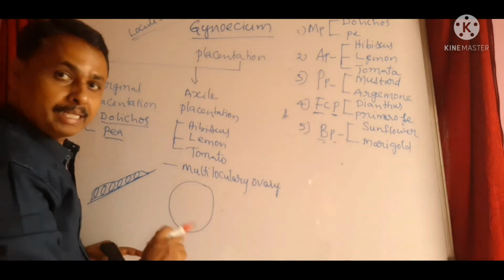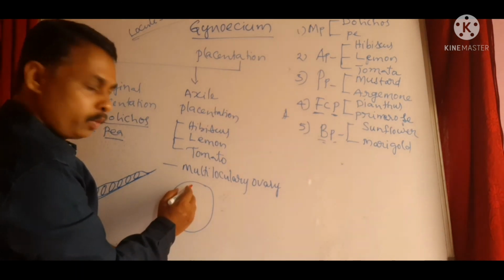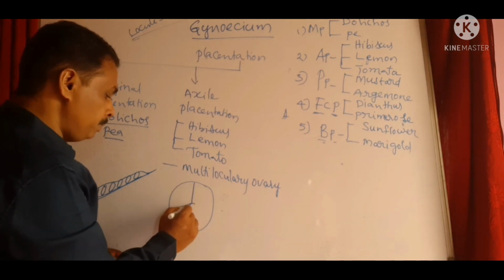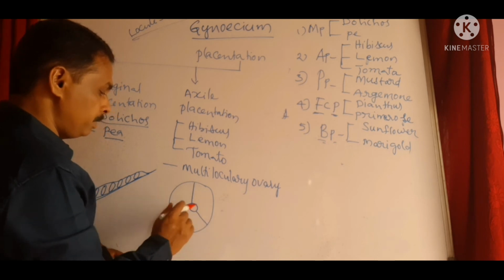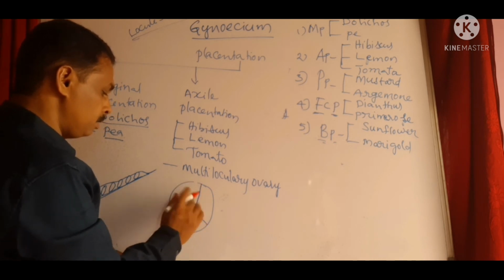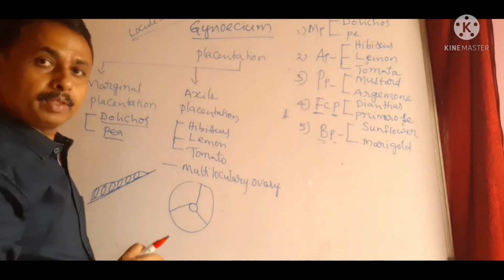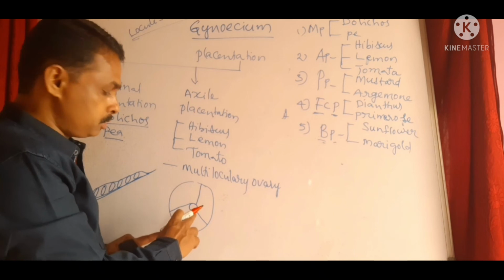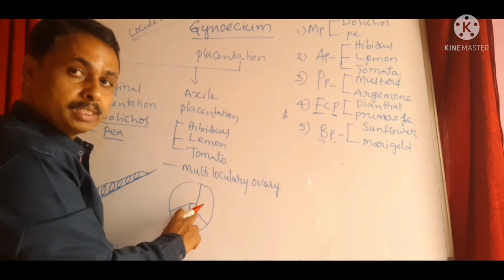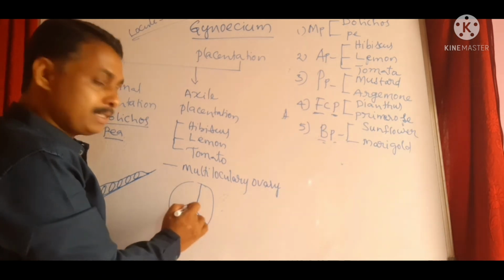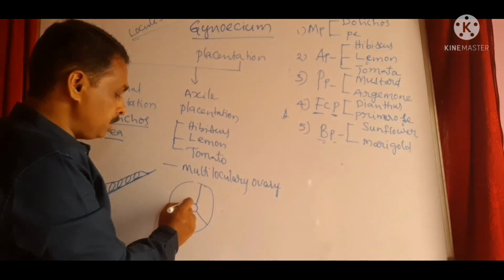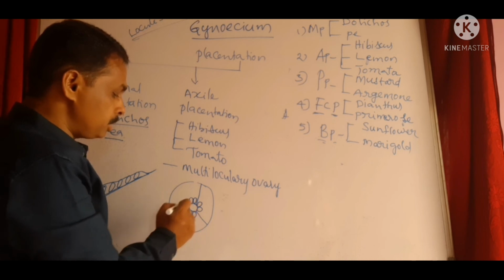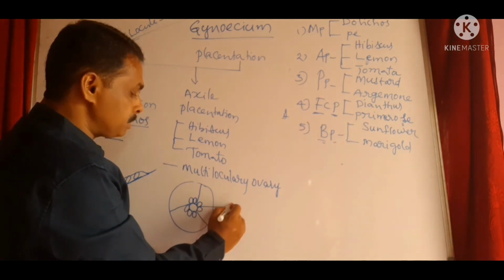The placenta will be formed as a ridge where the adjacent carpels meet at a point, so it is called a multicarpellary ovary. The adjacent carpels are fused or meet at a point towards the center where the placenta will be formed. Over this placenta, future seeds are arranged. This type of placentation will be called axial placentation.